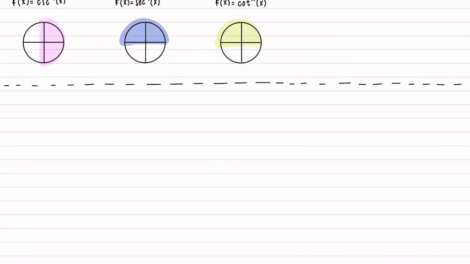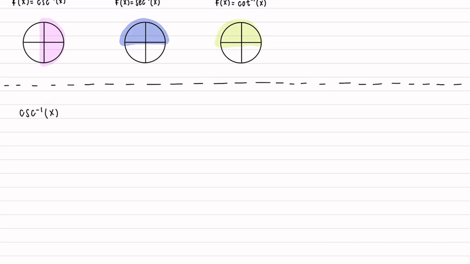All right. So we know that sine and cosecant, cosine and secant, and tangent and cotangent are reciprocals of one another. Okay, but that's not true for their inverses. It's a little bit different. So we know that inverse cosecant of x.